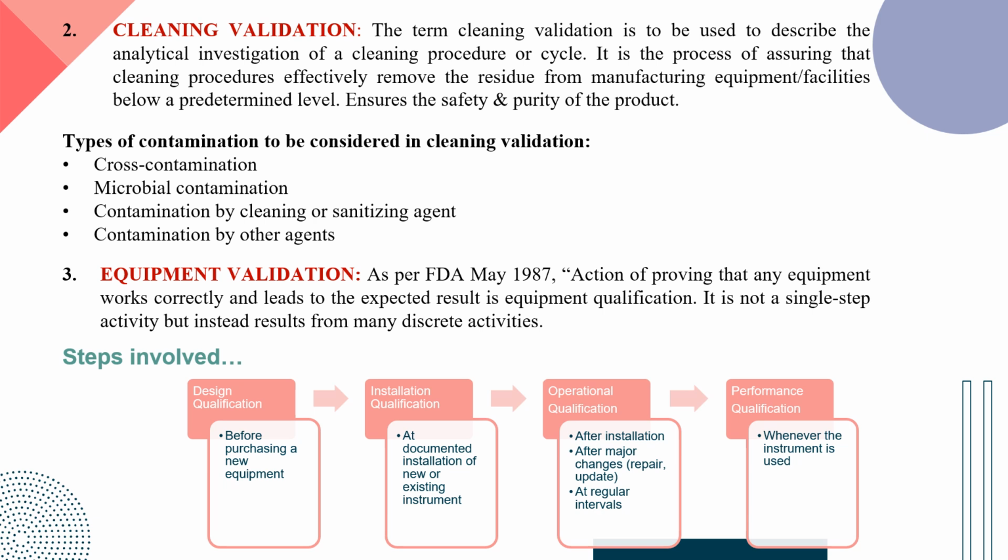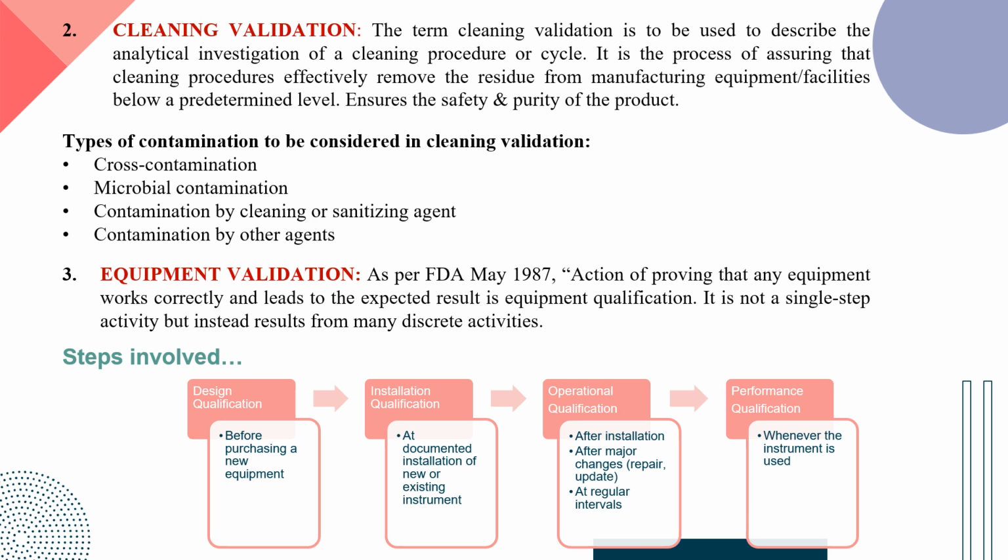The third type of validation is the equipment validation. As per the Food and Drug Administration, May 1987, the action of proving that any equipment works correctly and leads to expected results is the establishment of qualification, or equipment validation.